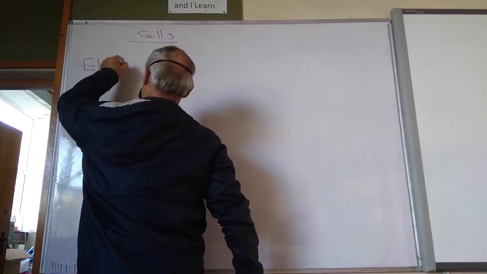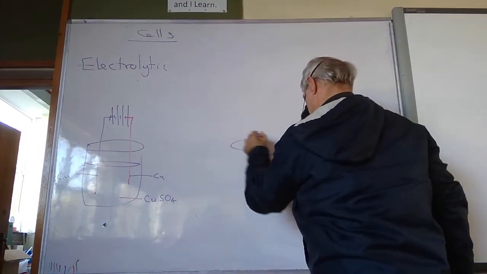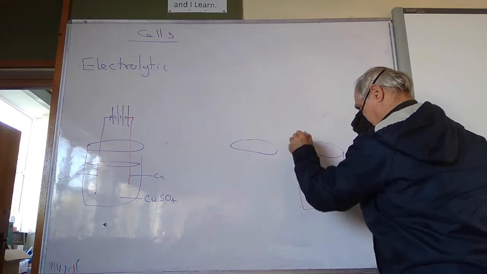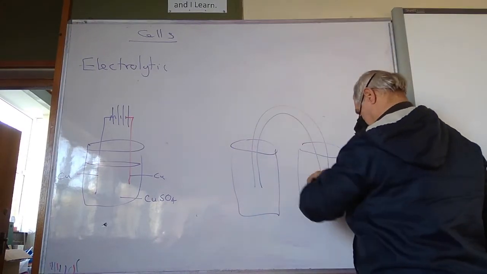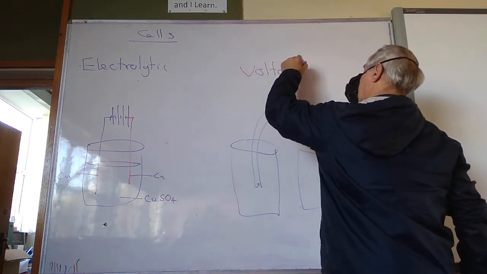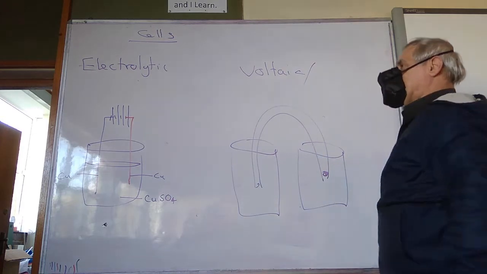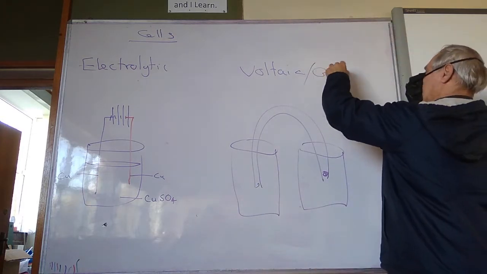Okay, who can tell me what kind of cell I'm drawing now? Voltaic. Well done. Who can give me another name for voltaic? Galvanic.